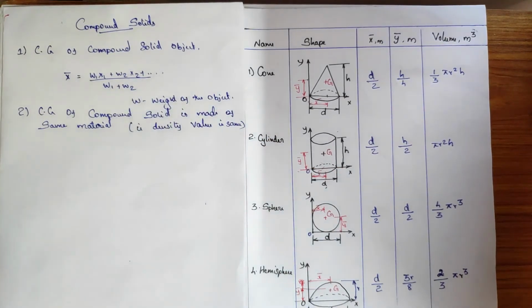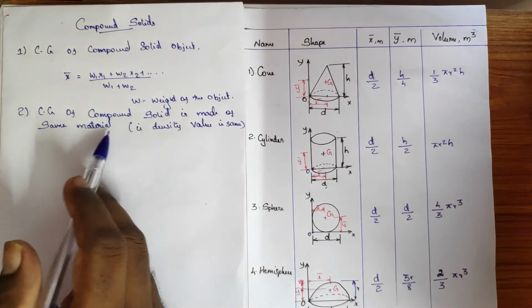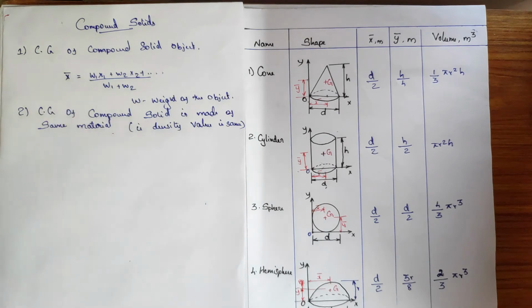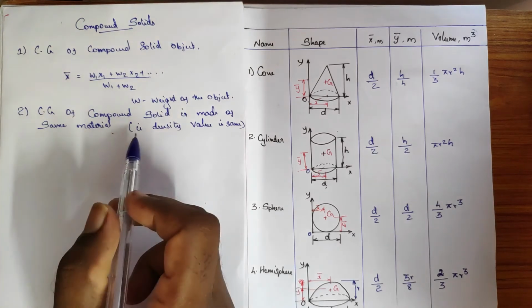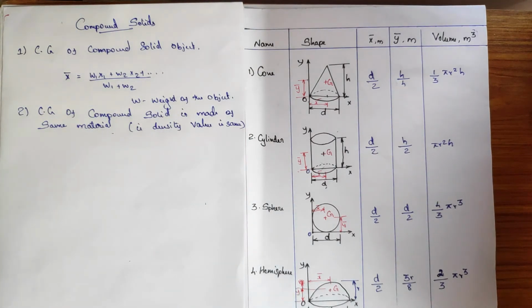If the entire solid, I said compound in the sense it will be made with different kinds of simple objects. It may be cone, cylinder, sphere, which are all combined together. Okay, each object, if it is made with the same material, if it is steel, the entire object should be steel. If it is some other material, the entire object should be some other material. So that is, the density will be the same.